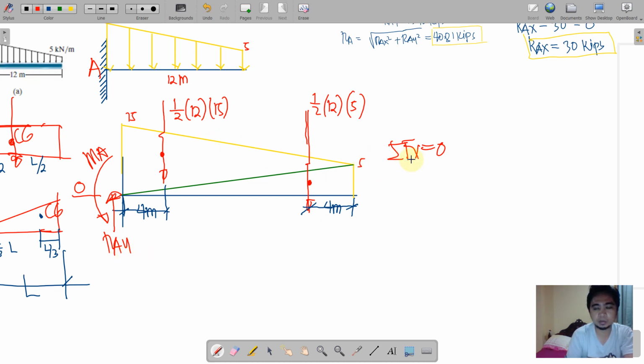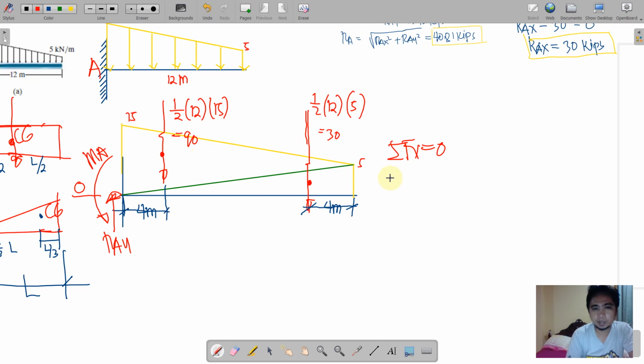So basically, summation forces vertical, we'll just have to add these 2 downward forces and that will be the RAY. So if you wanted to write the equations accordingly, of course, you wanted to simplify first this result here. So 1/2 of 12 is 6. So 6 times 15 is 90. So we have here 90. And this is 12 divided by 2, 6 times 5. This is 30.